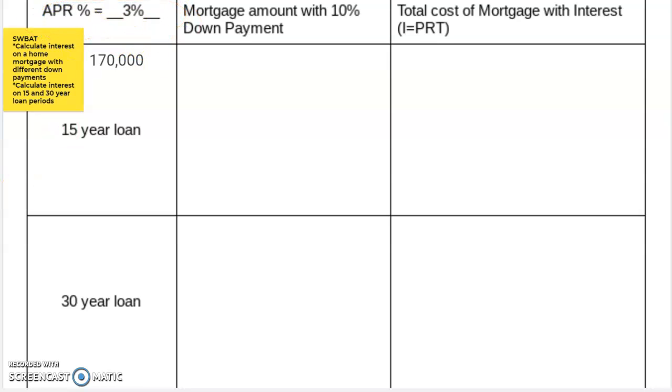But first we want to calculate how much our mortgage is going to be after we've paid that down payment. And if you'll remember, the way we're going to do that is we're going to take the cost of our house and multiply it by 10%, which is also 0.10. And our down payment is going to be $17,000.